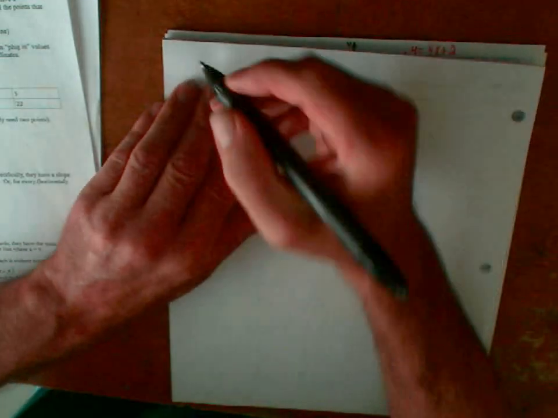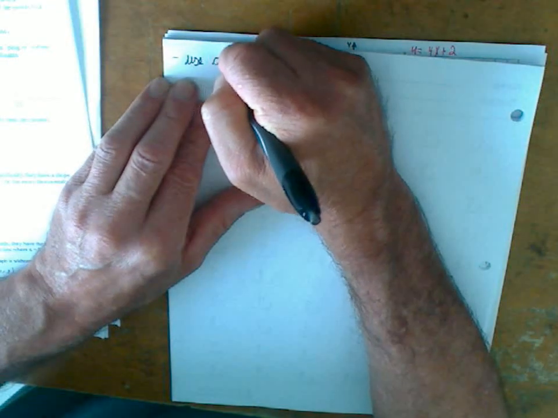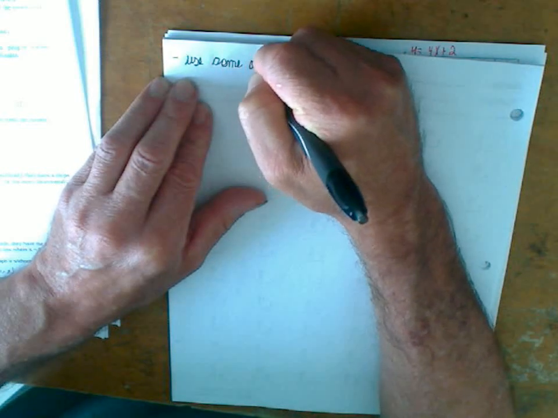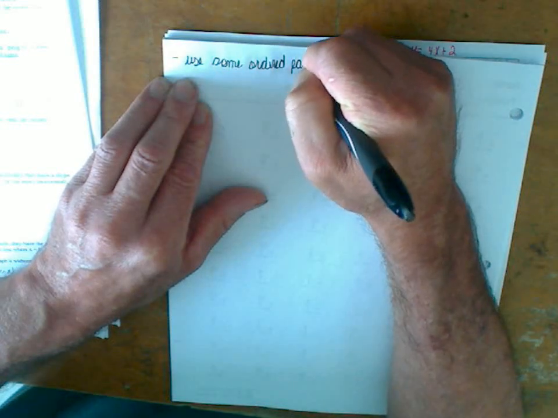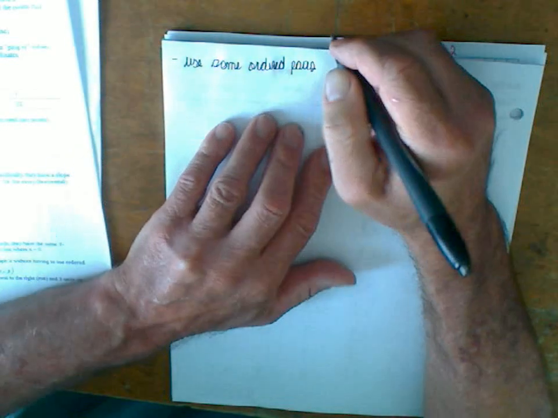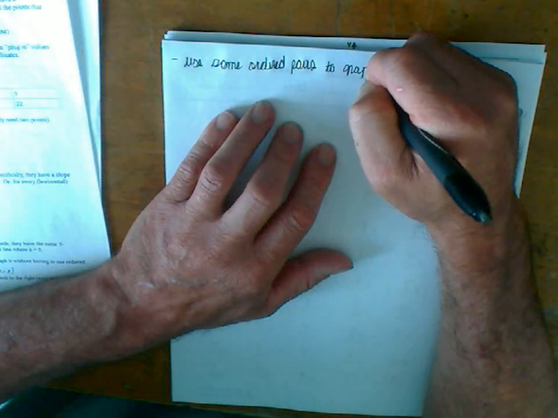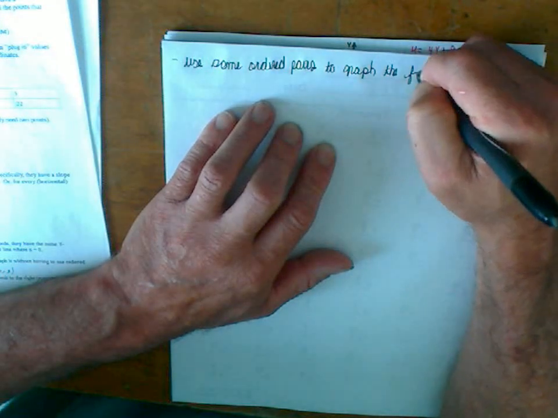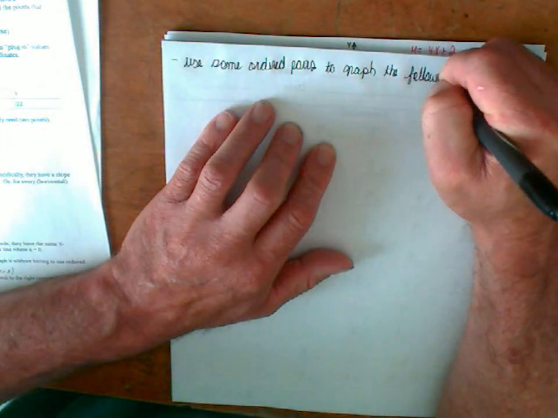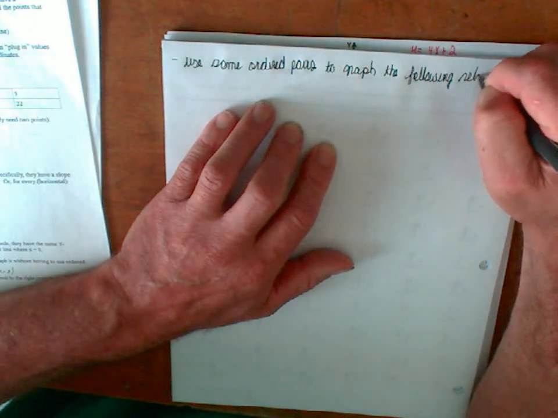Okay, so how about if we try this? Let's just try this. Let's use some ordered pairs to graph, so in other words, to graph a line, to graph the following relations.